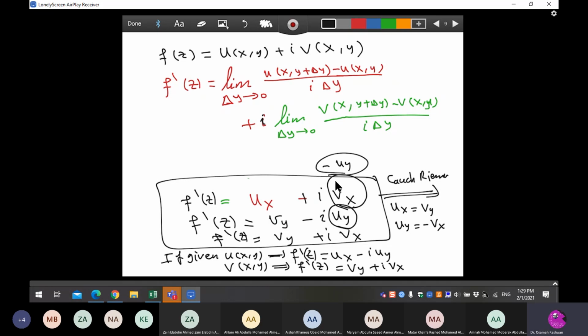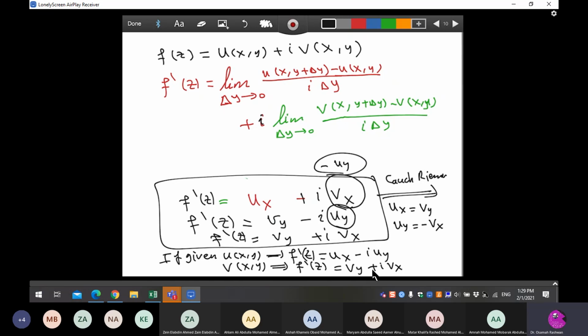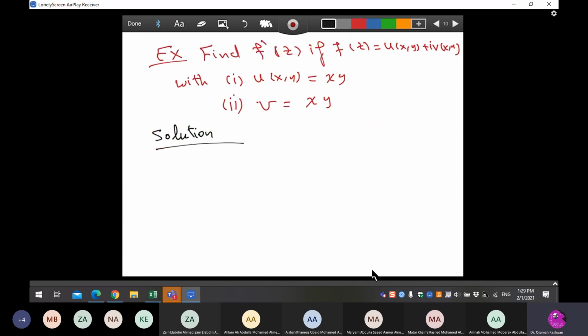Please take a screenshot for this too. So if I go for the first one, you are given u, the real part.